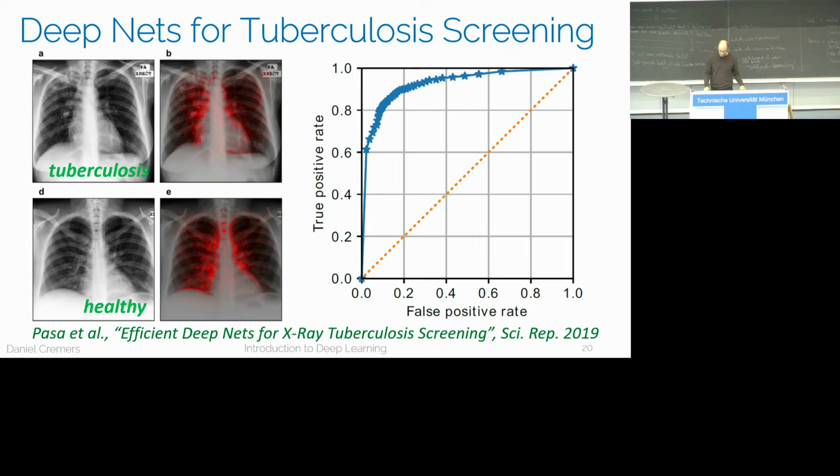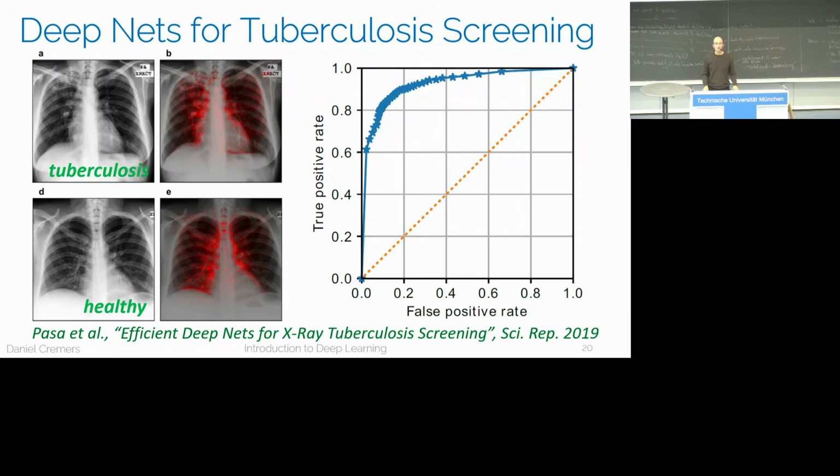And you can then do quantitative analysis and compute these so-called receiver operator curves that basically show you that you have fairly little false positives and you have a lot of true positives, right? So when the machine says it's tuberculosis, then indeed most likely it is, and when it says it's not, then most likely it's not. In these curves you really want to be in the top left corner, but this is already pretty good, and we showed that you can do this with deep networks.